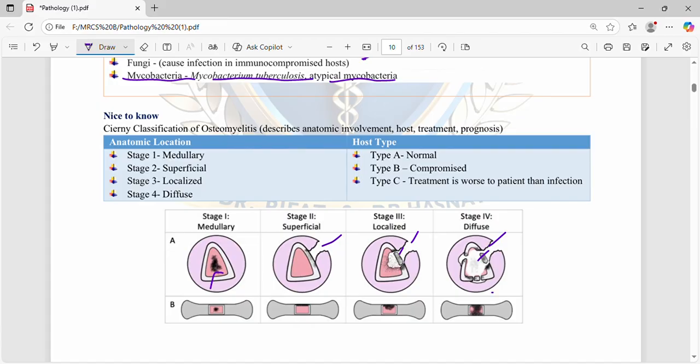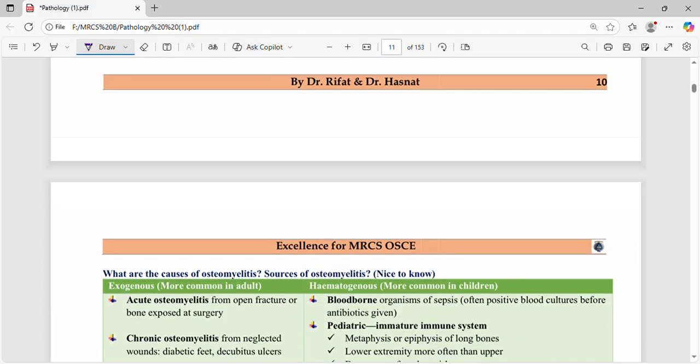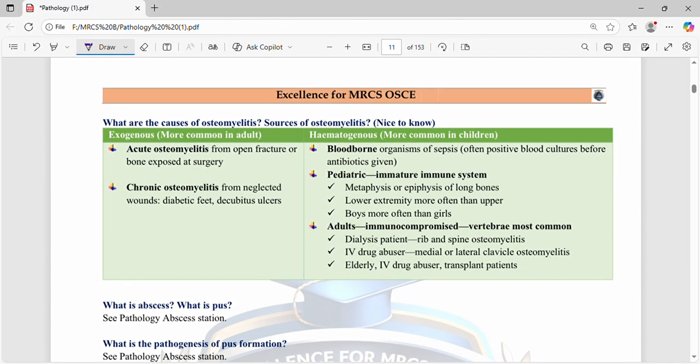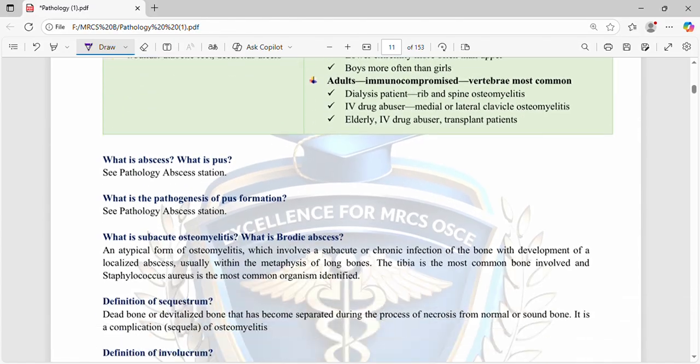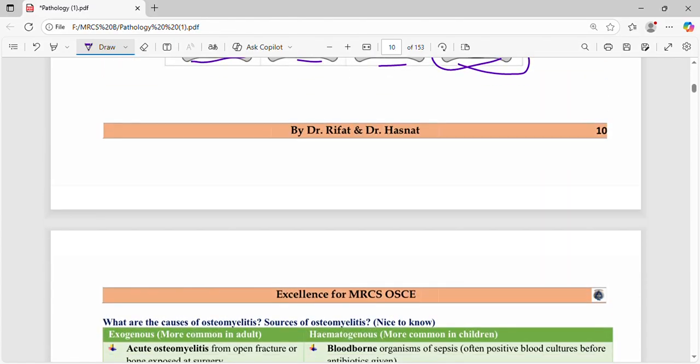So this is the anatomical classification: medullary, superficial, localized, and diffuse. Now the host type is normal or compromised, and the treatment is worse for the patient than the infection.